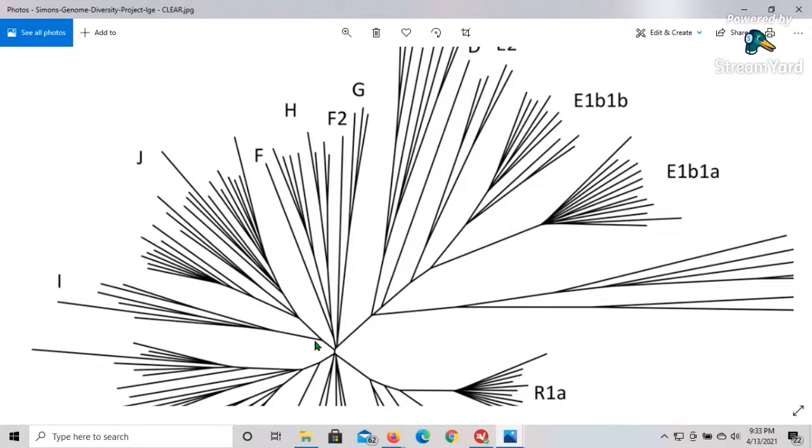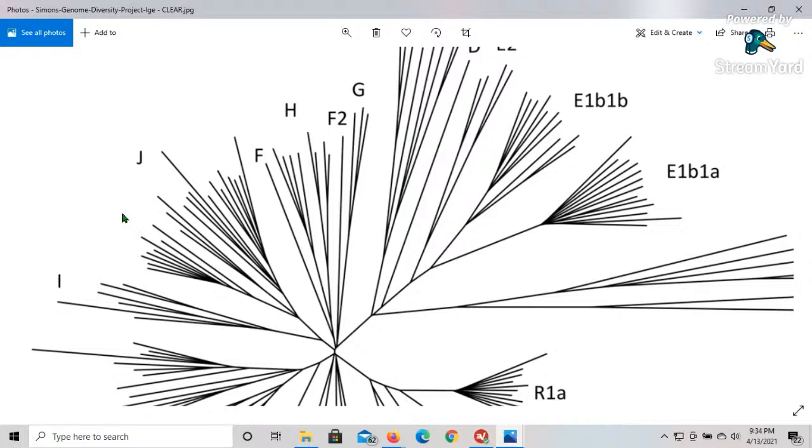Arphaxad, we have the J and the I, which is not at all exhaustive, because of course there's the J1, the J2, and they're all through Europe, and major populations here. The J2 is split between the J1, the J2.